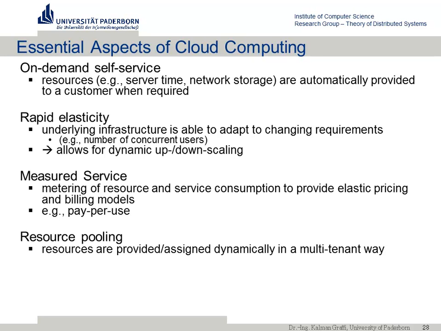And this can be done only with this resource pooling. So Google has enormous numbers, millions of servers, and the assumption is that on these servers you can run a large number of services, assuming that they do not all use up the maximum resources at once.